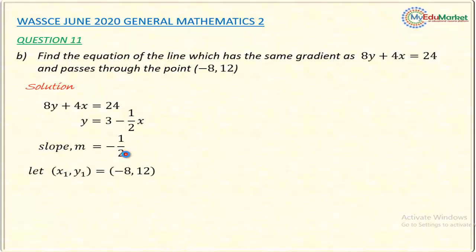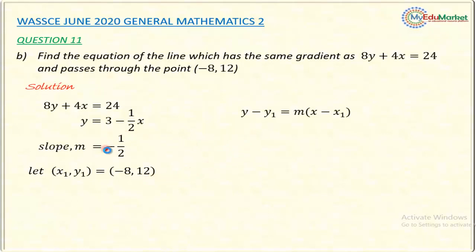So I continue. If I let x1, y1 be a point on the line whose equation I need to find, its coordinate is what is given, (-8, 12). So I'll now write the formula to find the equation of a straight line.